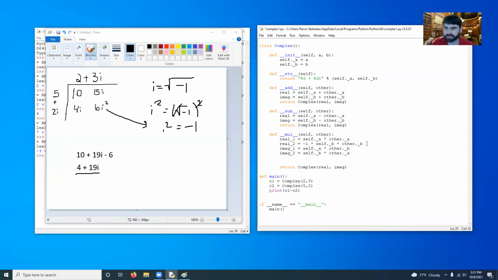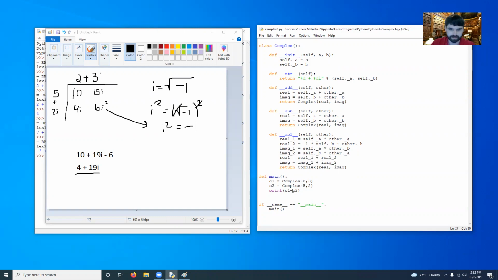So maybe pause the video, take a moment, look at what I just wrote, and see that this is the same thing as this little square, this little cross that I've got over here. Okay. Then all we need to do is add these components together. And that is the multiplication operation.